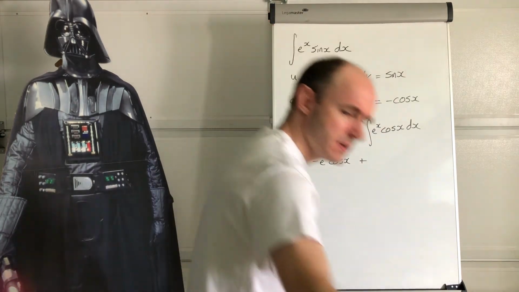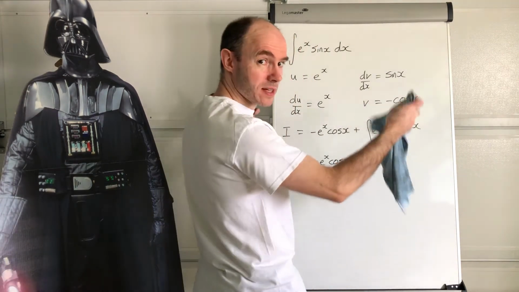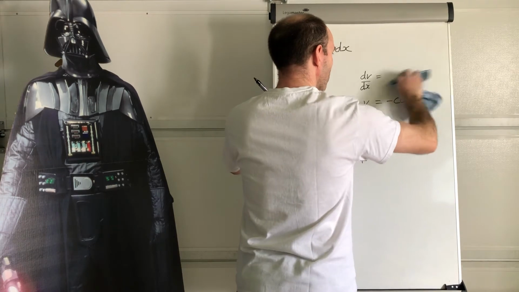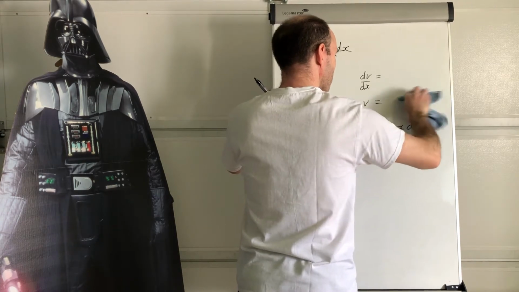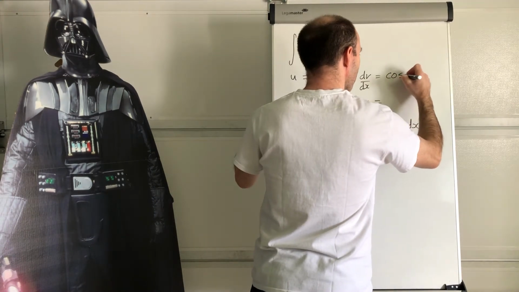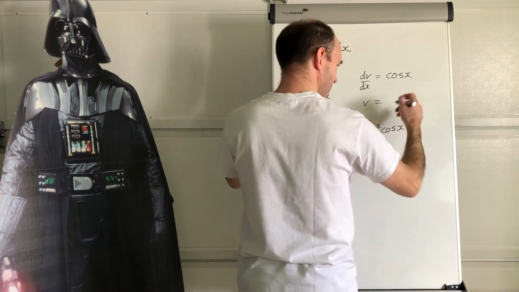So I'm going to rub this off because you've seen that for plenty of time now. I'm going to put in cos x there, and then the v will be sin x.